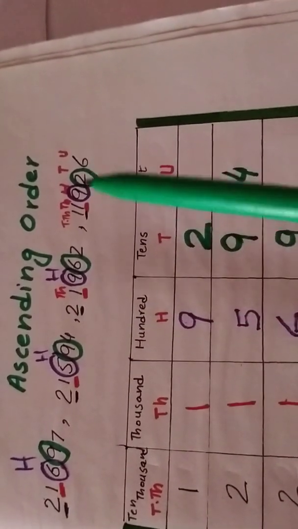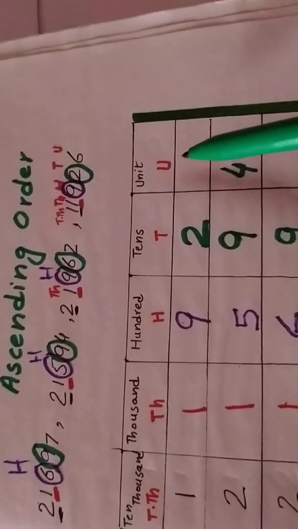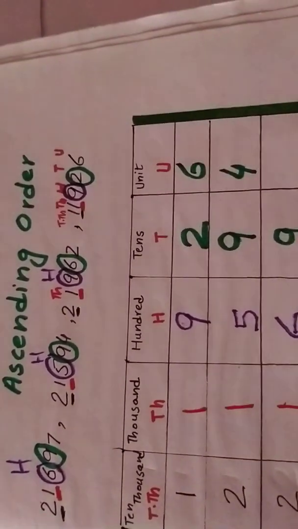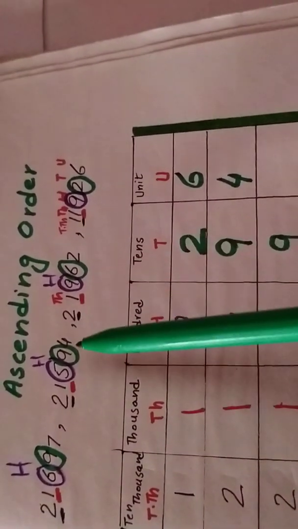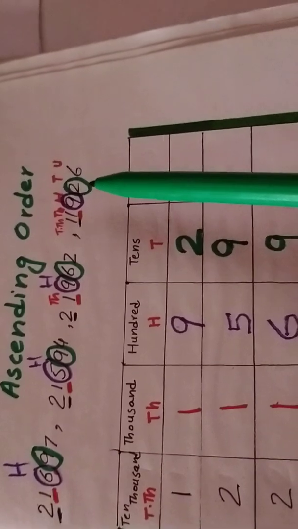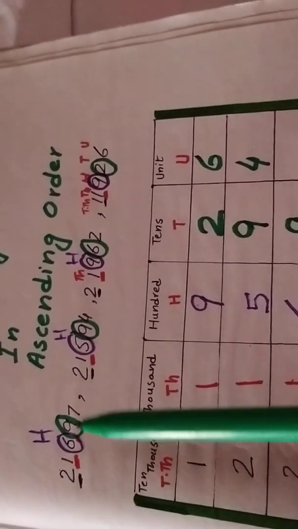Now turn is 6: 11926. 2, 4, 6, smallest to the biggest. The biggest is 7: 21697.